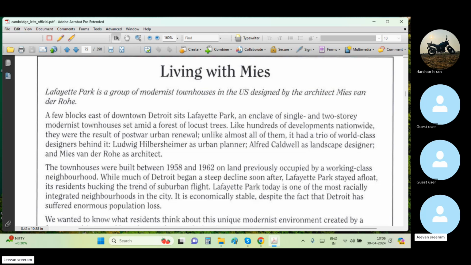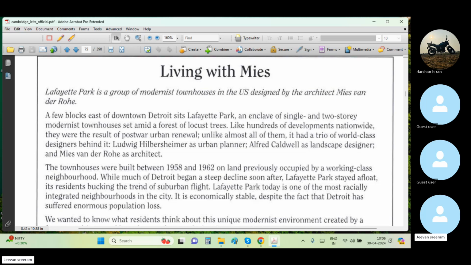A few blocks east of downtown Detroit sits Lafayette Park. Okay, the location of Lafayette Park has been given. A few blocks east of downtown Detroit, in Detroit center, you can see Lafayette Park, an enclave of residence of single and two-story modernist townhouses.